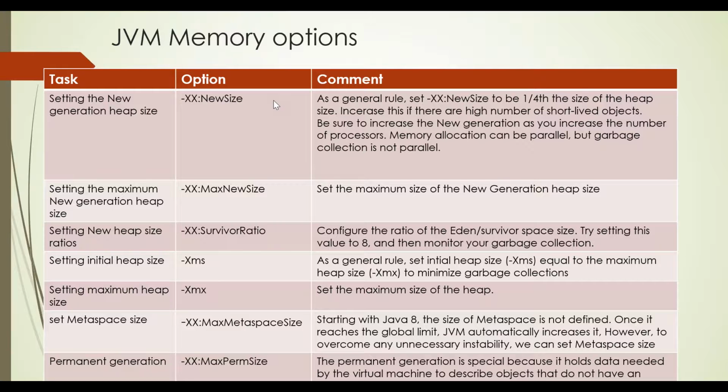By default it is 1/4 of the heap size. So if your heap is, let's say, 256 MB, then 1/4 of that should be your young generation. When should you increase the young generation area?